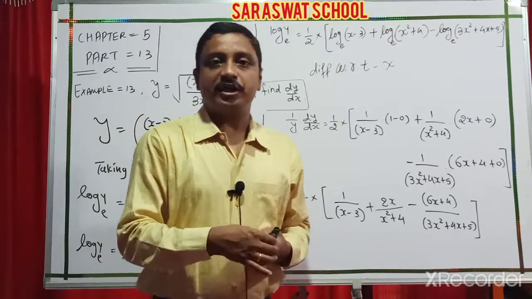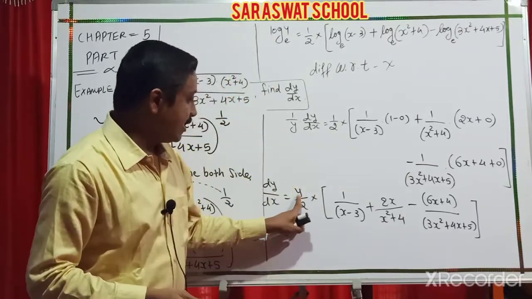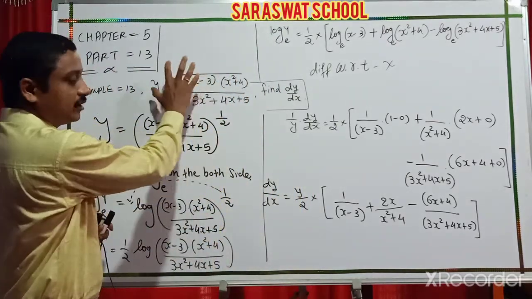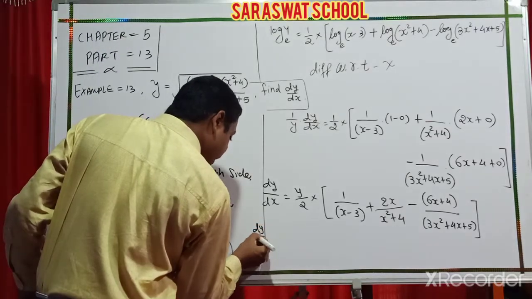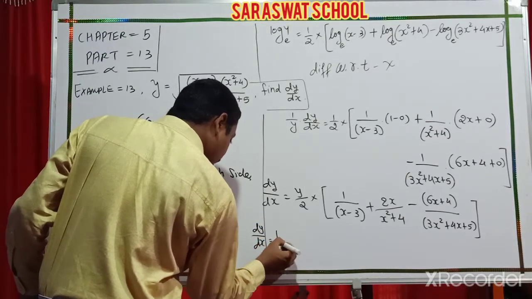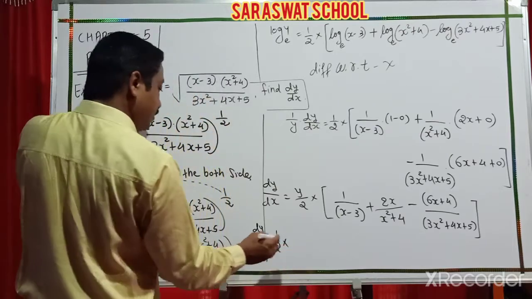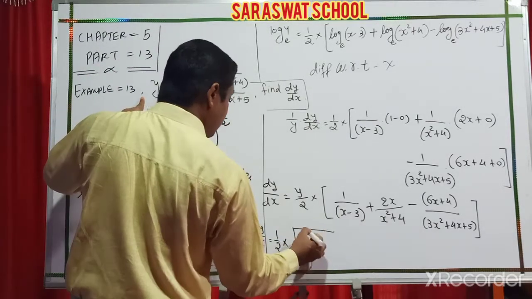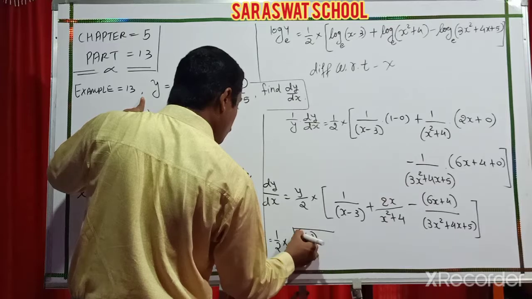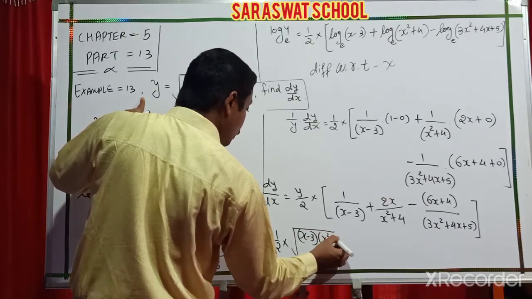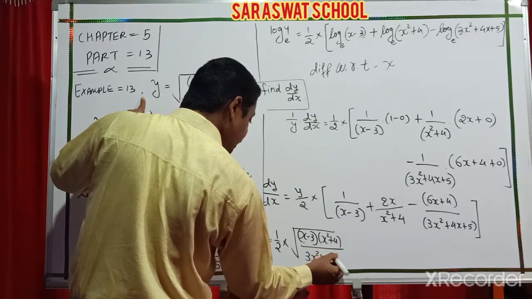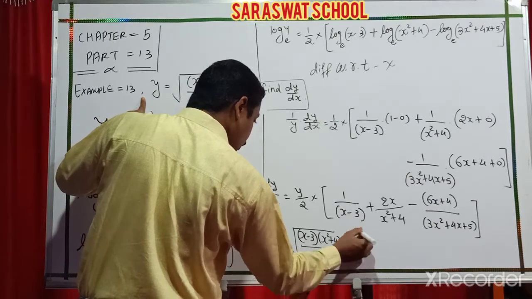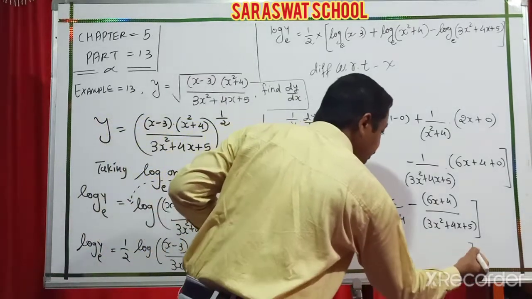Now wait, then apply the value for y. What is the y value? This value is the full y. I just put it here: dy by dx equals half, and the y value is the whole value, root of x minus 3, x square plus 4 upon, as it is, into this whole portion.